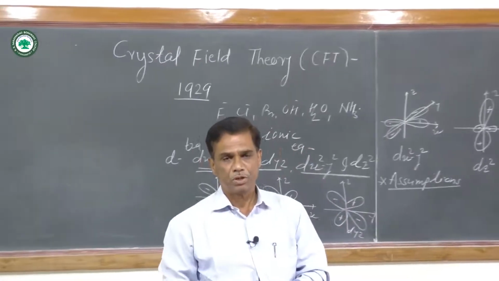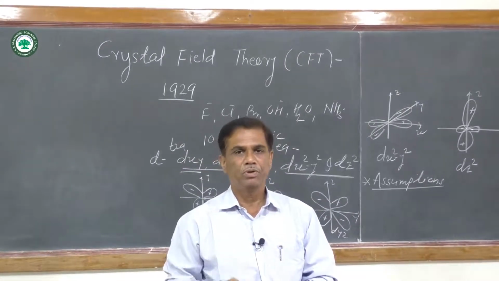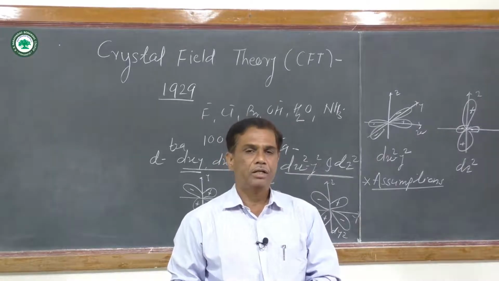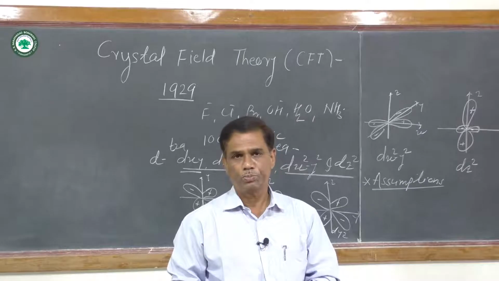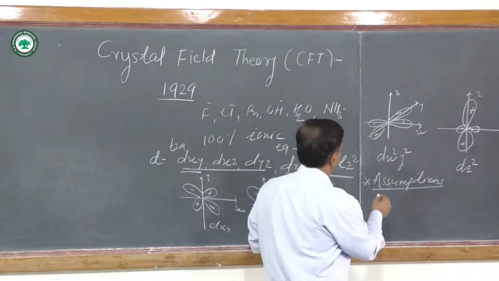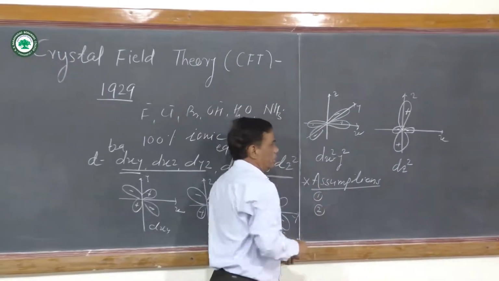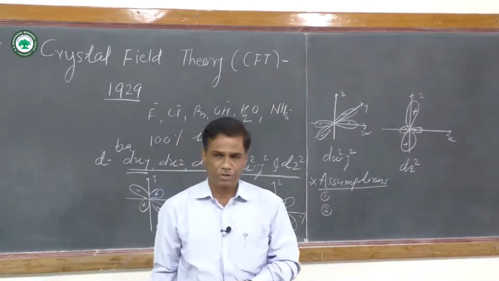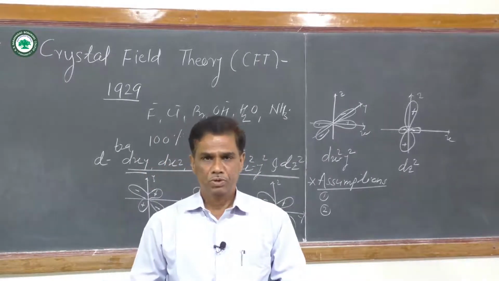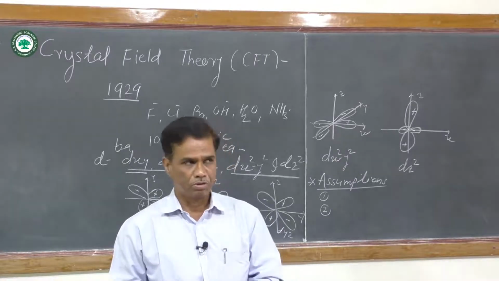First assumption: when a coordination compound is formed, the metal possesses a positive charge and ligands possess a lone pair of electrons. Second assumption is that the ligand donates a lone pair of electrons, meaning its negative side, towards the positive metal ion, and there is formation of an ionic bond.